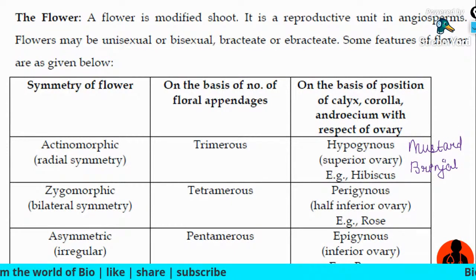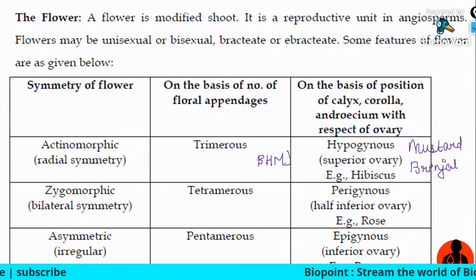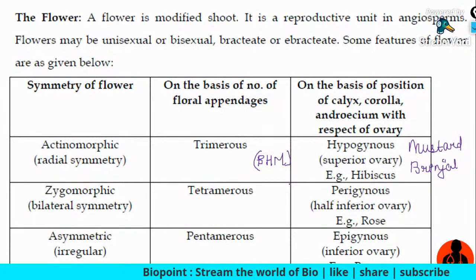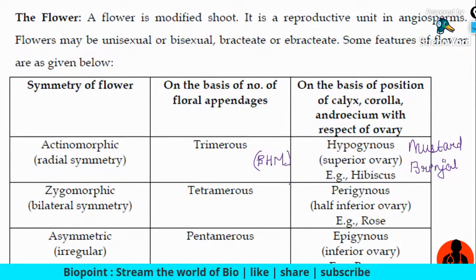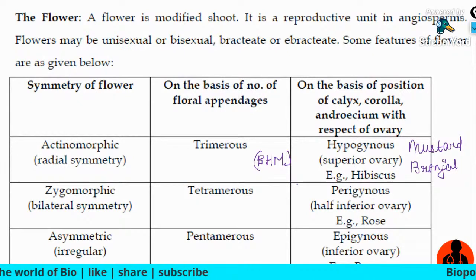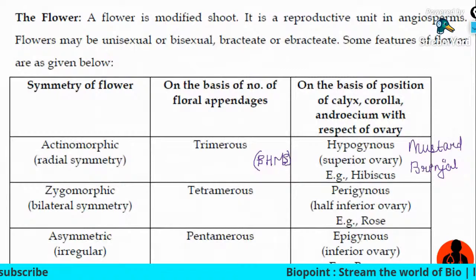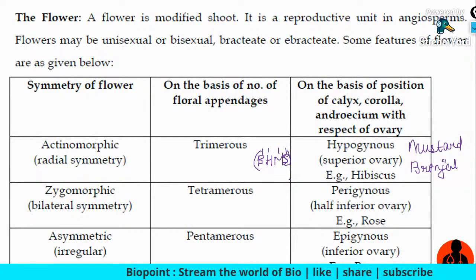You have to make a code: BHM, BHMS. Brinjal, hibiscus, mustard for superior ovary, hypogynous.